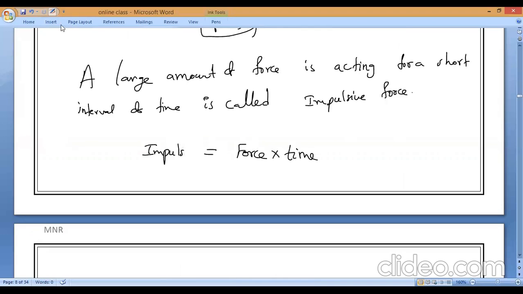Impulse. So what do you mean by impulse? The force applied in that given short interval of time is what we call impulse. Write the theoretical definition also.